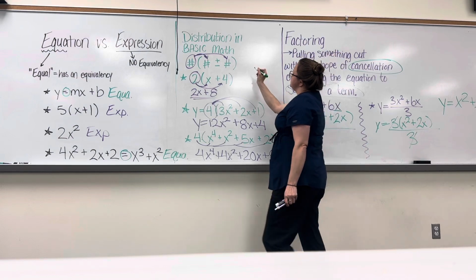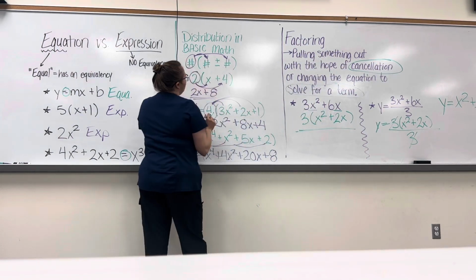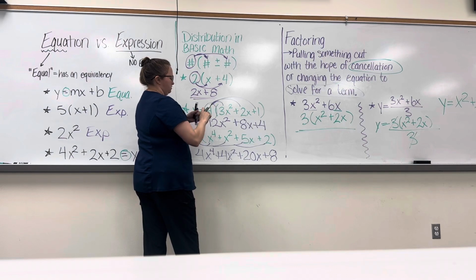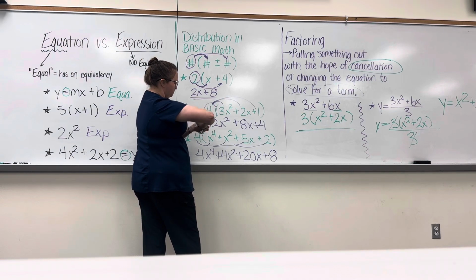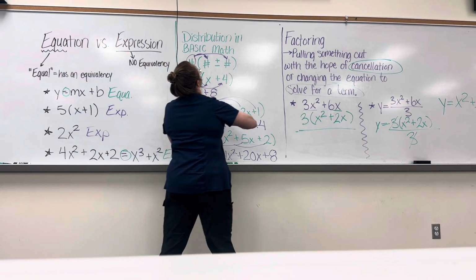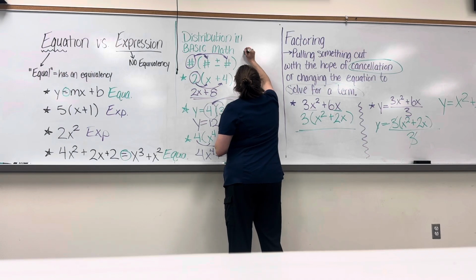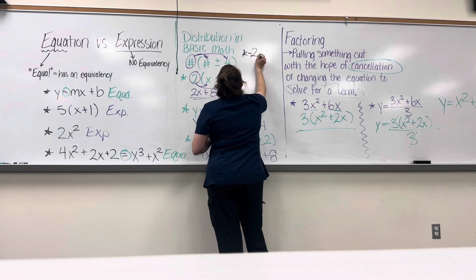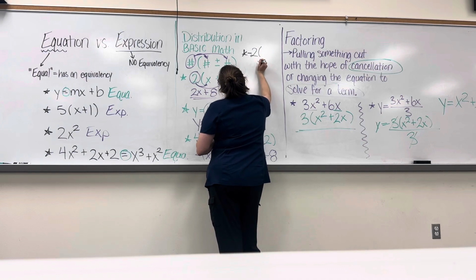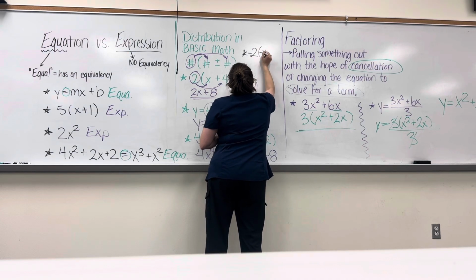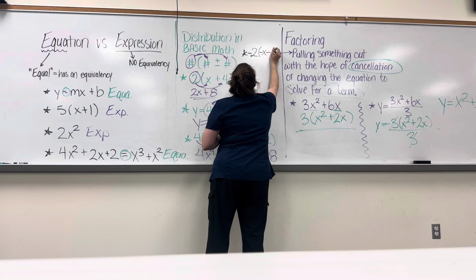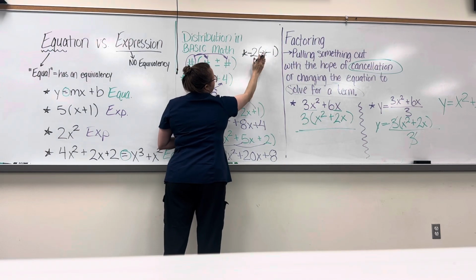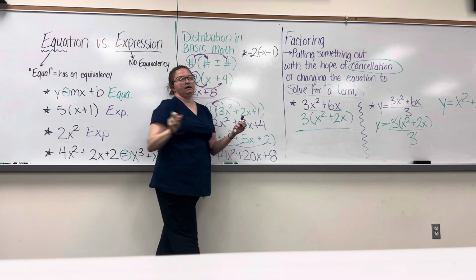So for instance, let's do a totally different expression up here. Let's say we had -2 times the quantity negative x minus 1. -2 times negative x. What did we say before?